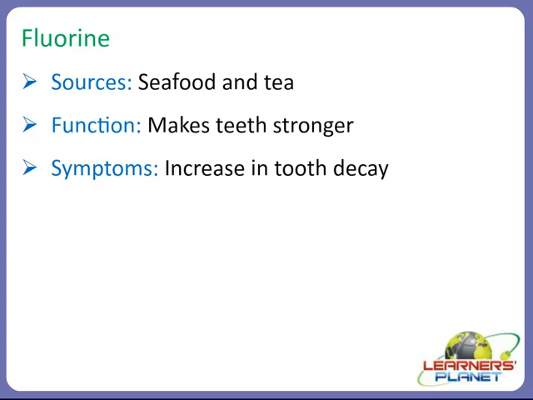So the function of fluorine is that it makes the teeth stronger, and there is no particular deficiency disease which is caused due to fluorine. So the symptom which occurs is an increase in tooth decay, right? So to prevent tooth decay, the components of food which contain fluorine should be consumed, right? I hope you are clear with the deficiency of minerals.